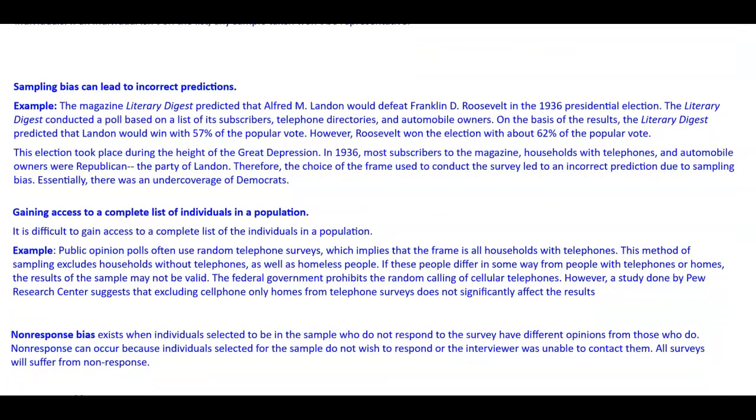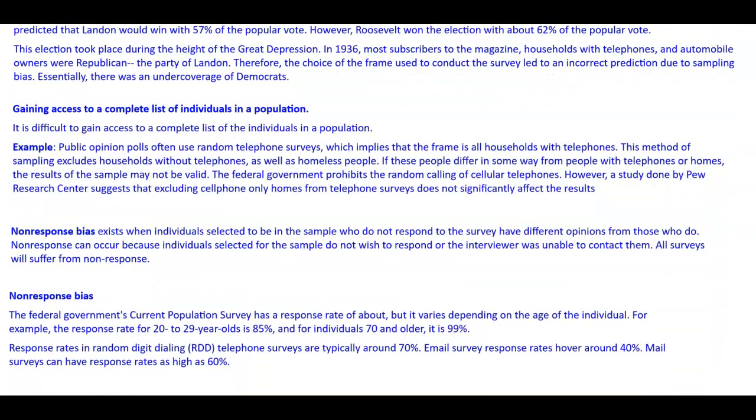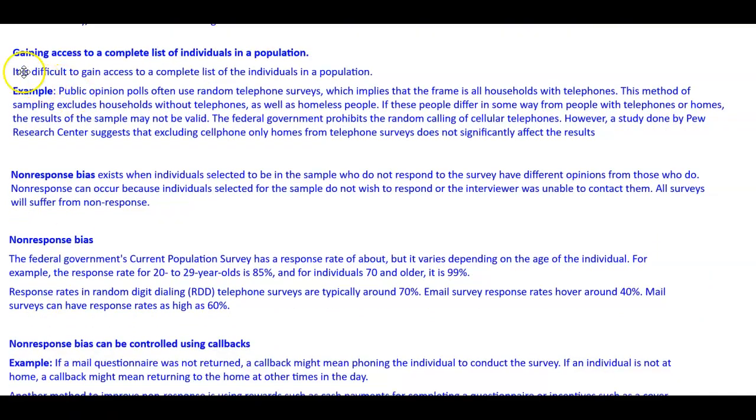Gaining access to a complete list of individuals in a population. It is difficult to gain access to a complete list of the individuals in a population. For example, public opinion polls often use random telephone surveys, which implies that the frame is all households with telephones. This method of sampling excludes households without telephones as well as homeless people.